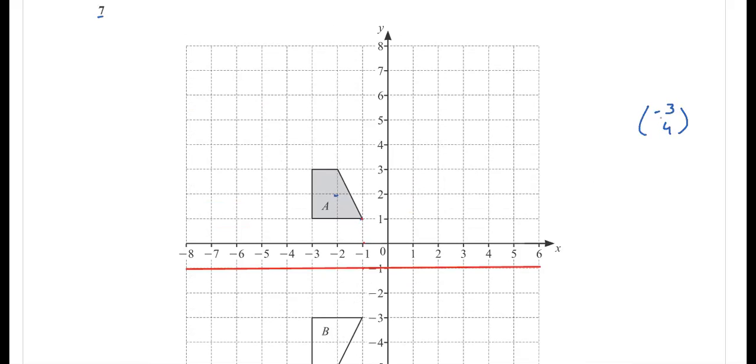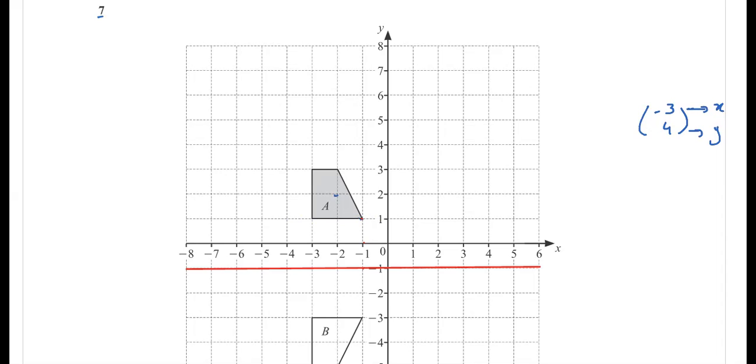It means for every vertex we have to move it 3 steps towards the left, because this tells you the x value and this tells you the y value. So -3 means we move every vertex to the left 3 points, like 1, 2, 3.